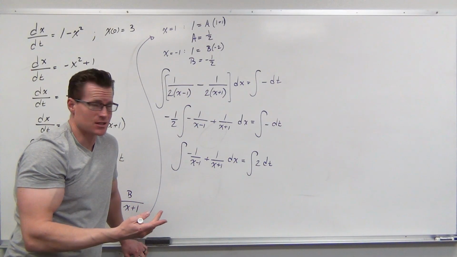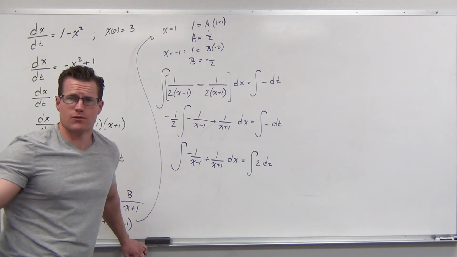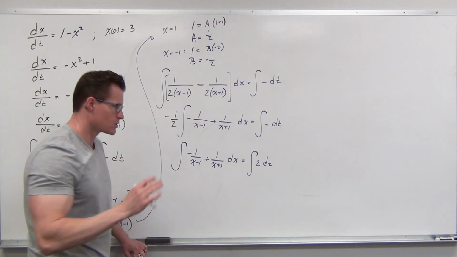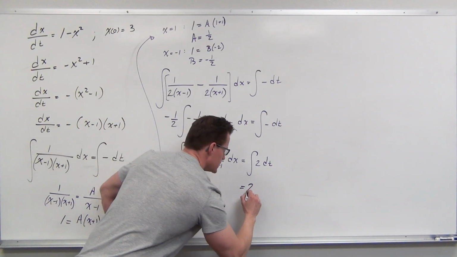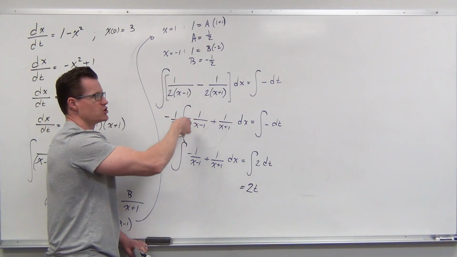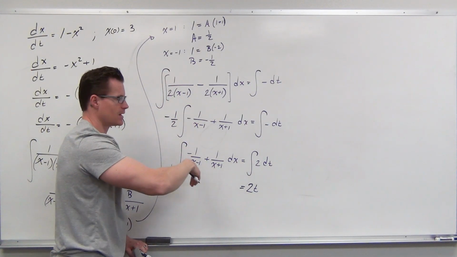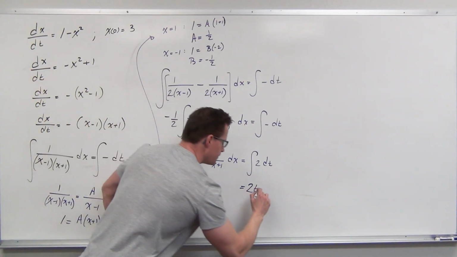That's kind of nice. On the right-hand side, no matter which way you do it, by the way, if you didn't see that, it's fine. I'm just showing you some small techniques here. This would still work out to 2 dt. If you had a 1/2 and a 1/2, you did your integration, you have a 1/2 ln, a 1/2 ln, you multiply by 2 anyhow, and that would still be a 2t.